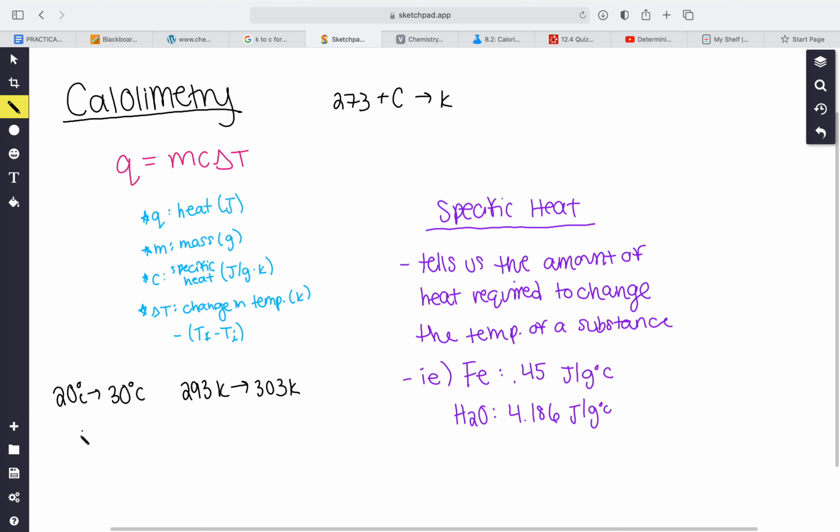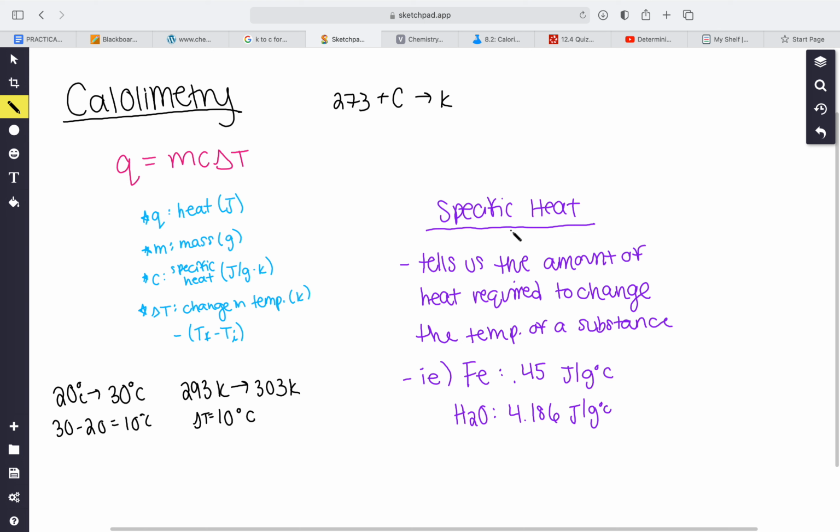The change in temperature is final minus initial. For Celsius, we have 30 minus 20, which is 10 degrees. Here we have 303 minus 293, which again is going to be 10 for delta T. That shows that the conversion doesn't matter when doing temperature final minus temperature initial. They're going to be exactly the same because there are no weird conversions in there.